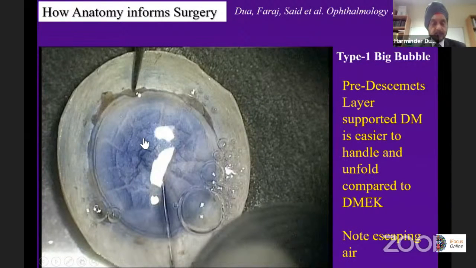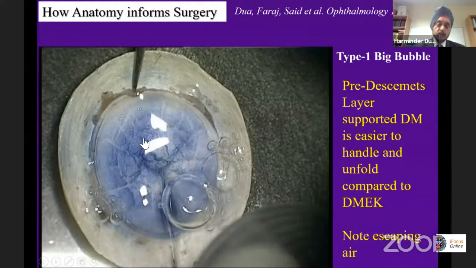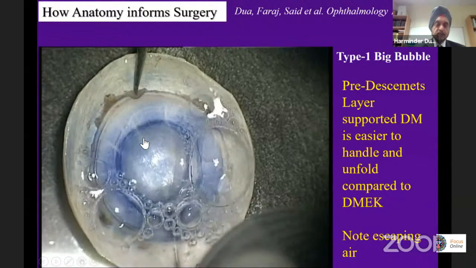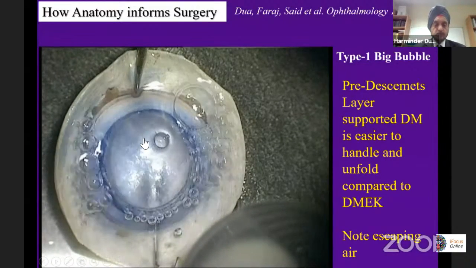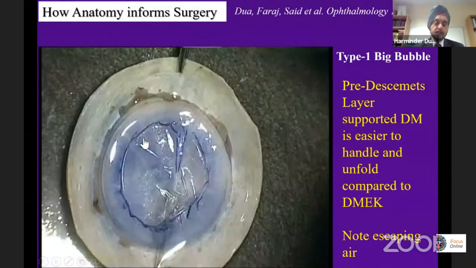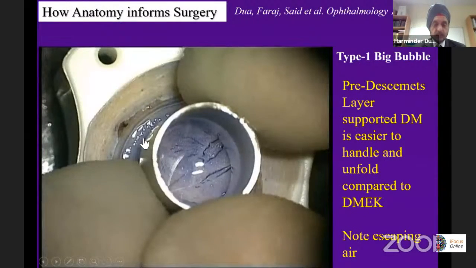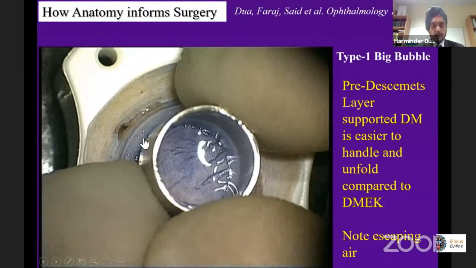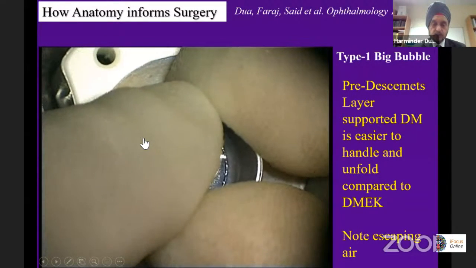Then coming to the final operative kind of intervention is this, where you can create a type 1 bubble, you can take the air out, you can refine it, and use that composite of the pre-Descemet layer, Descemet membrane, and endothelium to do endothelial keratoplasty. So this is what we proposed in our very first paper in Ophthalmology in 2013.